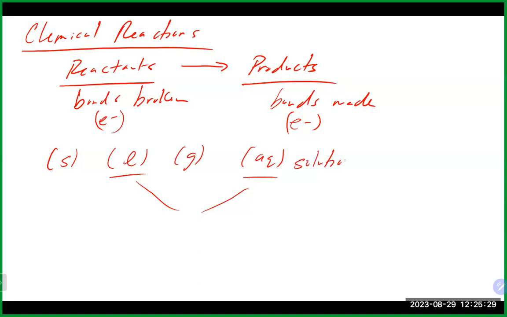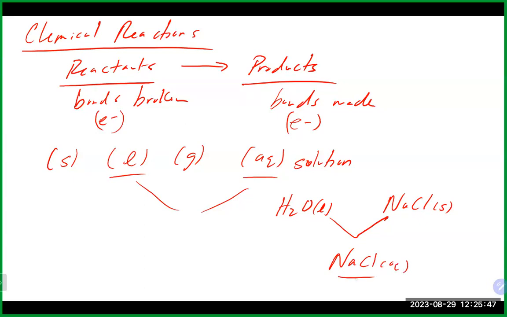Usually they're made by taking something like water, which is a pure liquid, and if I take something like sodium chloride, which is a solid, and mix these together, the sodium chloride will dissolve in the water and we will get an aqueous solution of sodium chloride, which is a solution.